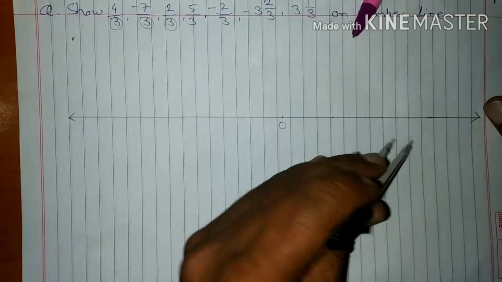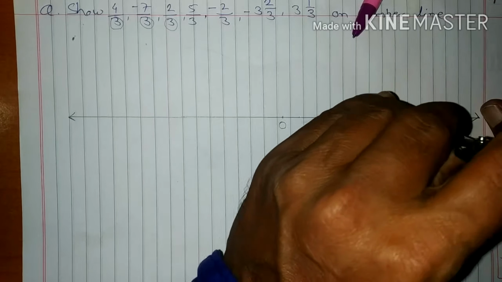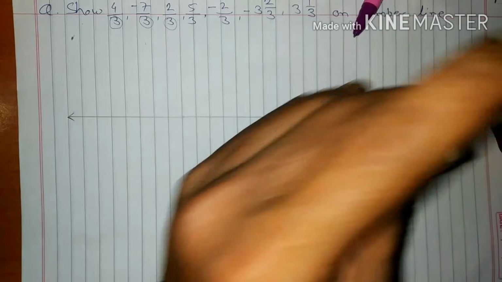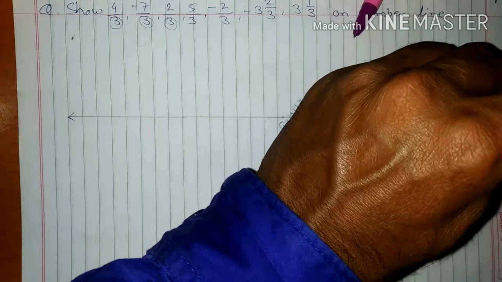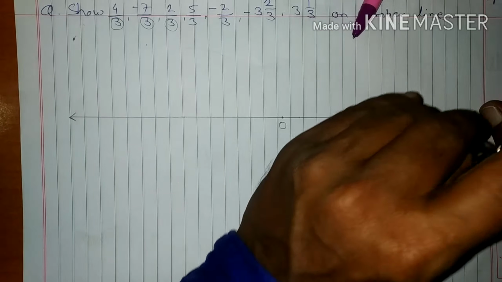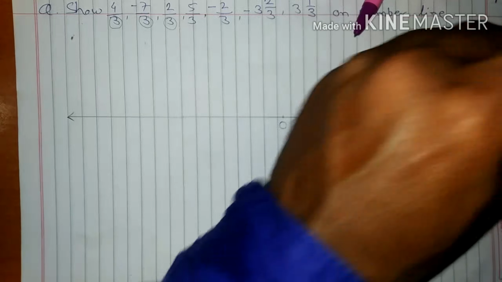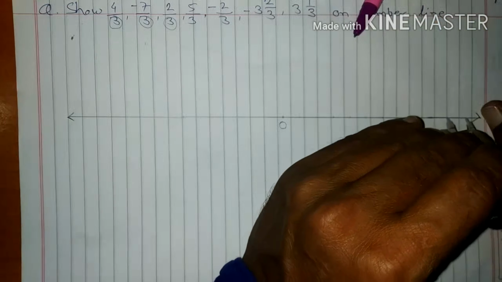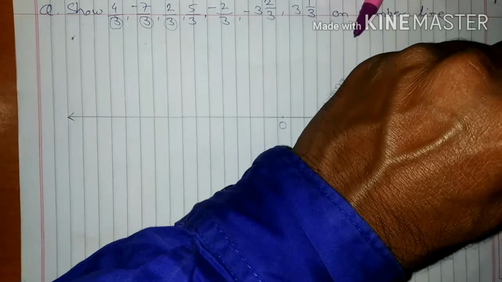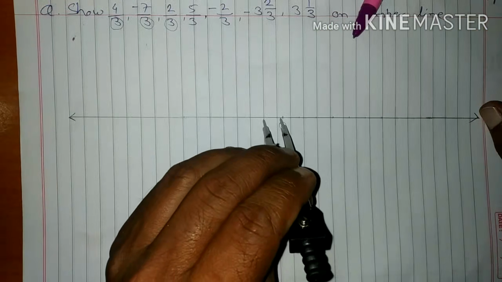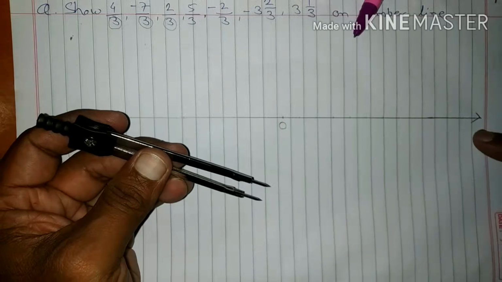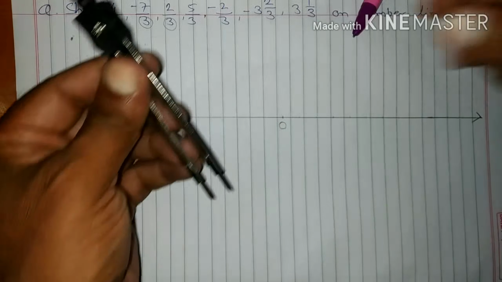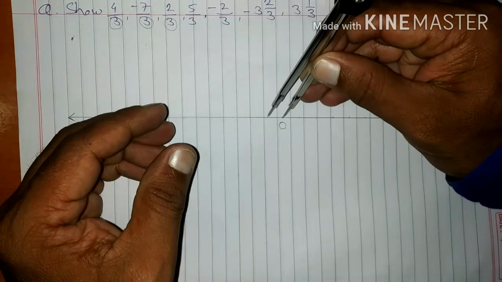One is for negative numbers and one is for positive numbers. So this side is completed, positive side is completed. Let's move towards negative side.